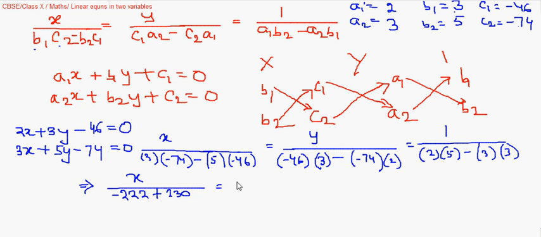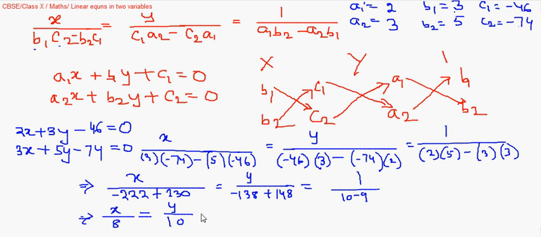This is equal to y by minus 138 plus 148, which is equal to 1 by 10 minus 9. So I am getting x by 8 equals y by 10 equals 1 by 1.